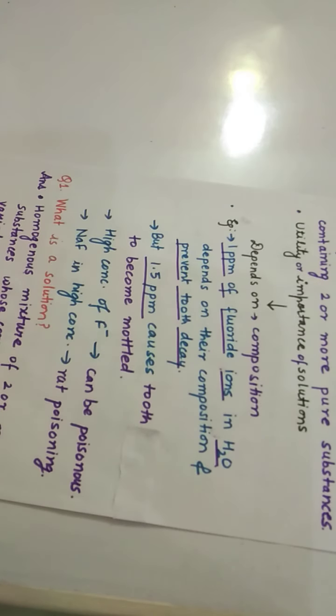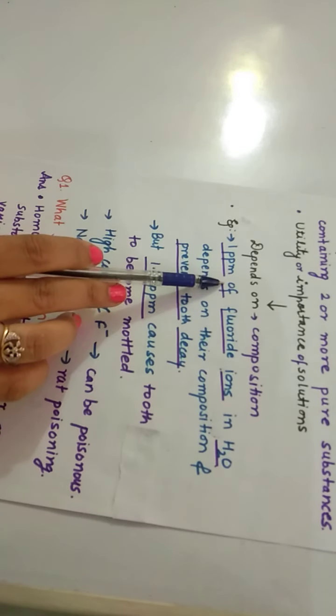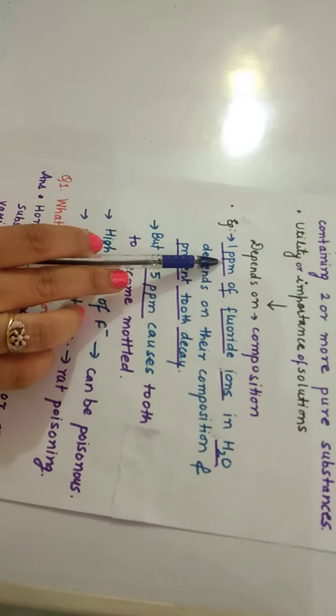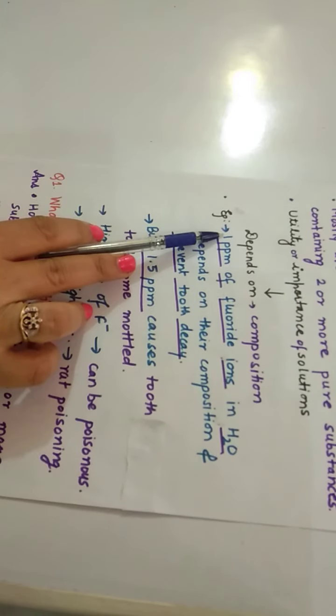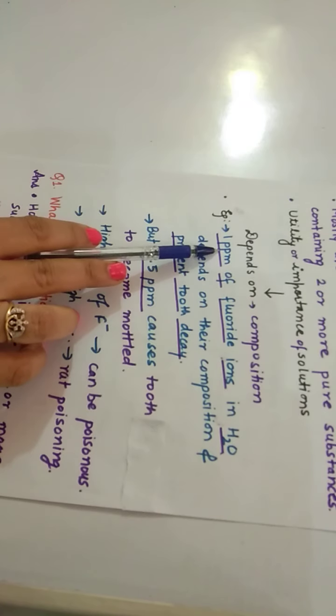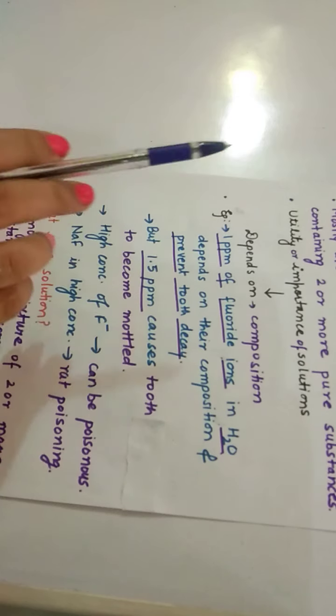And when you brush, you use water also. In that toothpaste, the fluoride ions are present at 1 ppm. That is, the concentration of fluoride ions in toothpaste is 1 ppm only. It has a fixed composition.